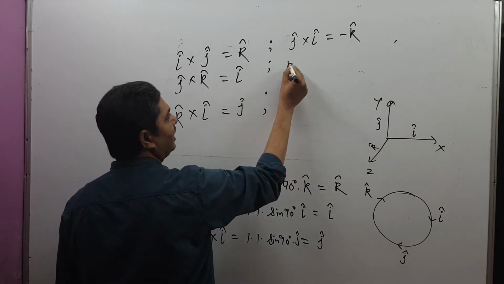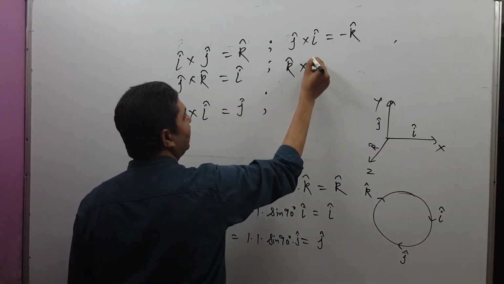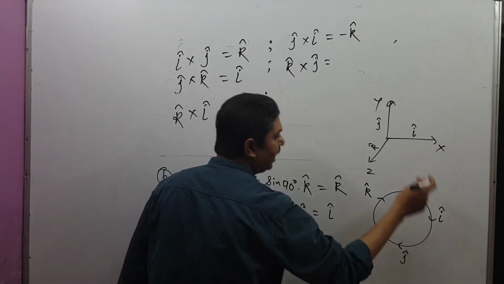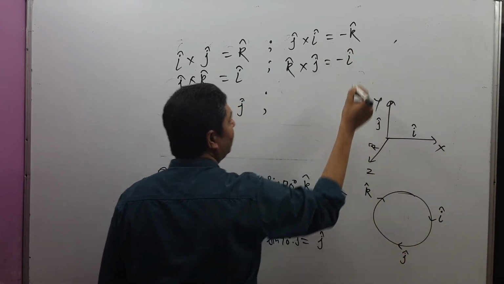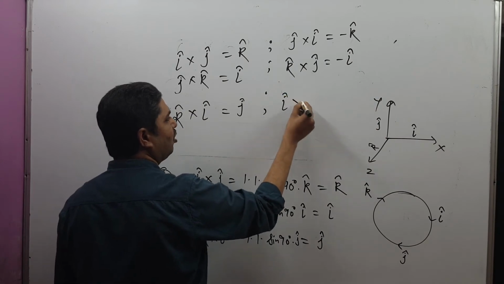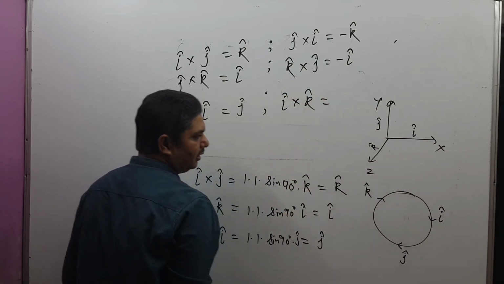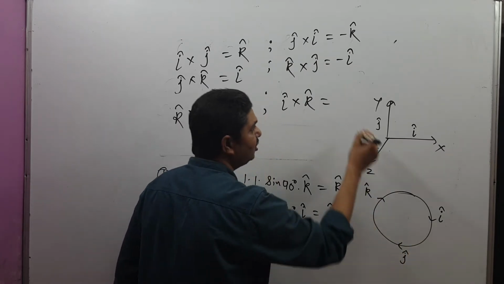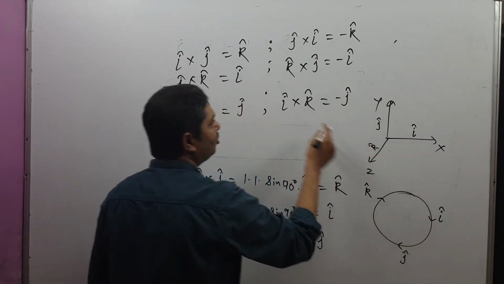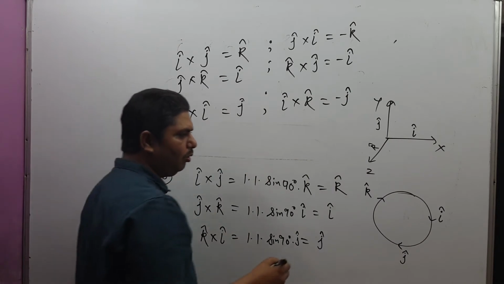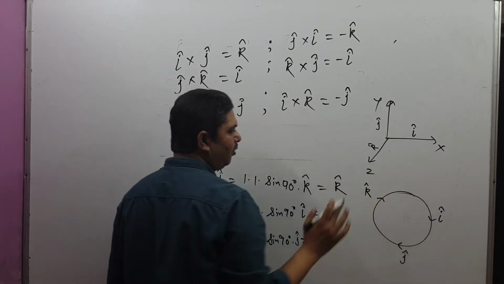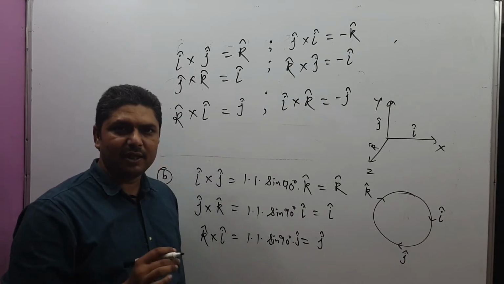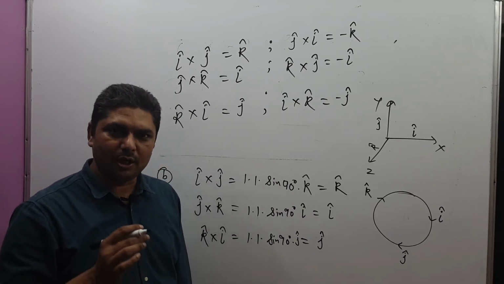Similarly, if you write here k cross j, you get opposite i, so you get minus i. If you write i cross k, then i cross k is equal to minus j, opposite j. So by the help of the clock rule, you are able to find the cross product of unit vectors which are perpendicular to each other.